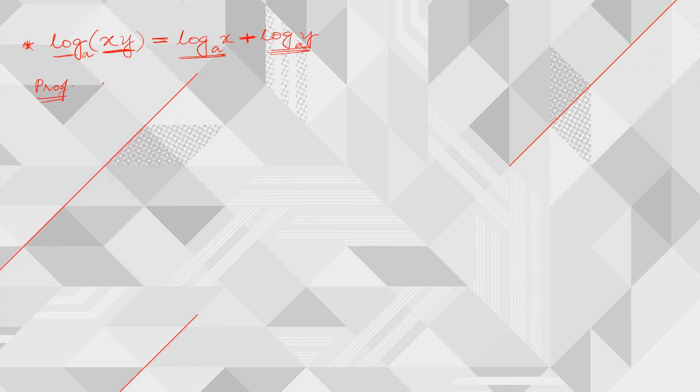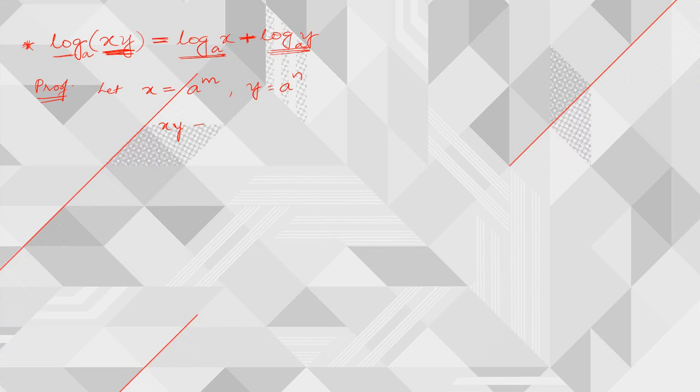Suppose I am going to consider x is equal to a power m and y is equal to a power n. Since I need to have x into y, I am going to multiply these two.